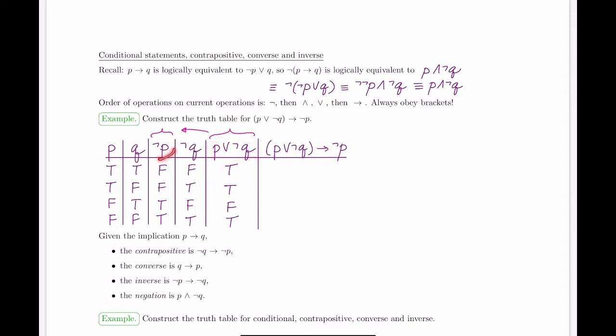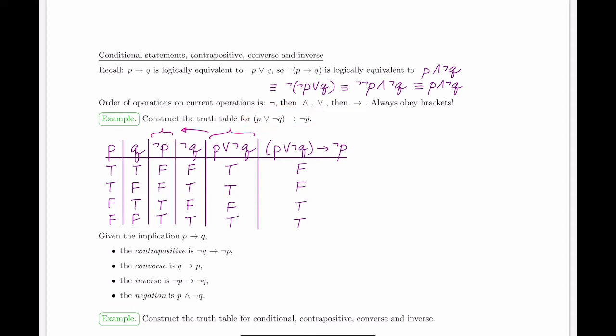This value implies this one. So true implies false. That is the case when the conditional is false. Next, I have true implies false again, so I have false one more time. Next, I have false implies true, which is going to be true. And finally, I have true implies true, which is also going to be true. And here is my table for this particular statement.